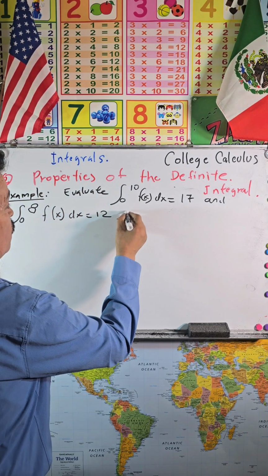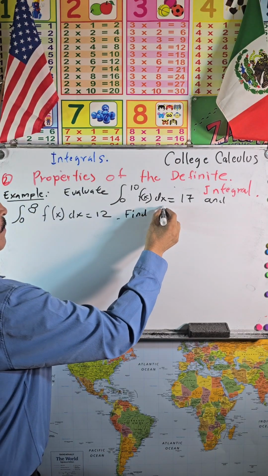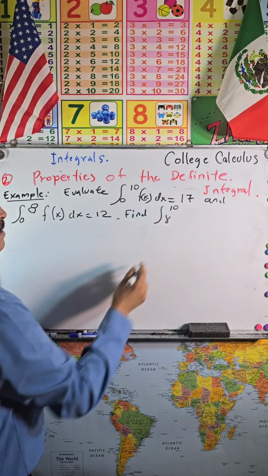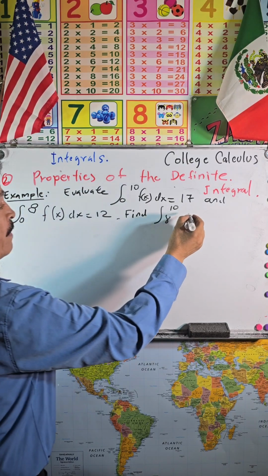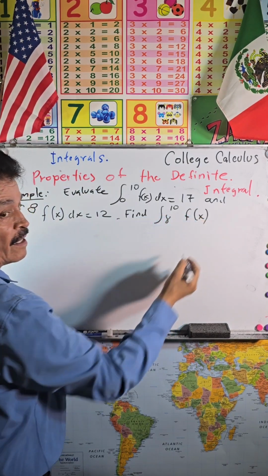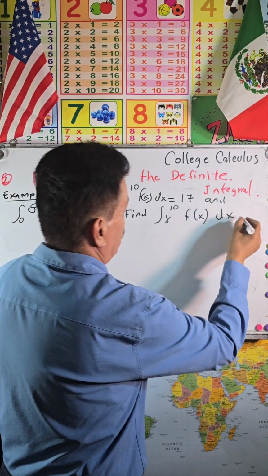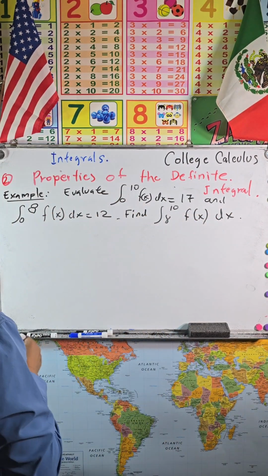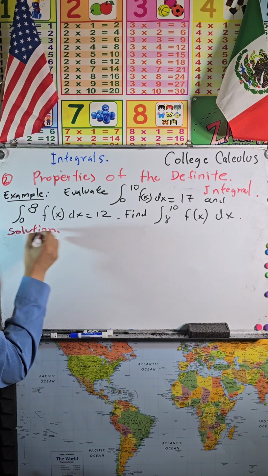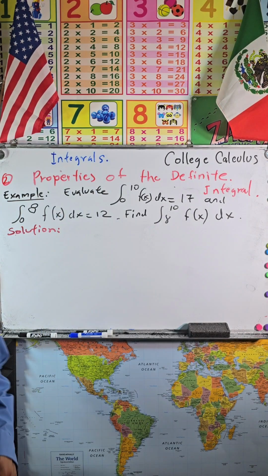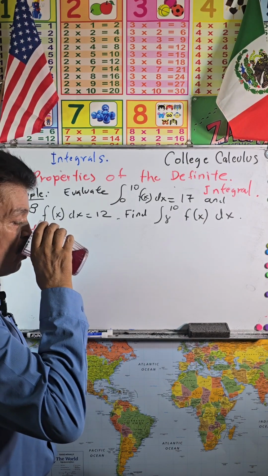So we have to find the integral from 8 to 10 of f of x differential of x. So, solution. We have to use property number 5.